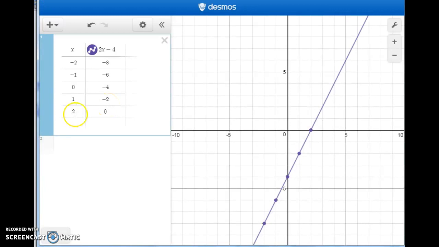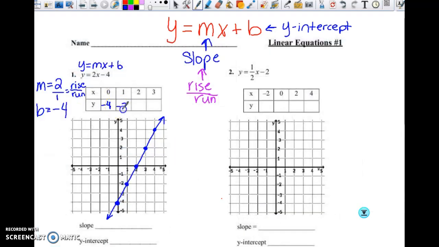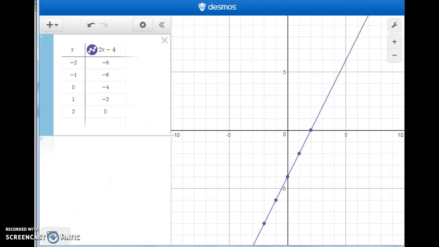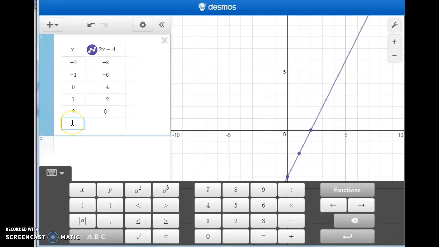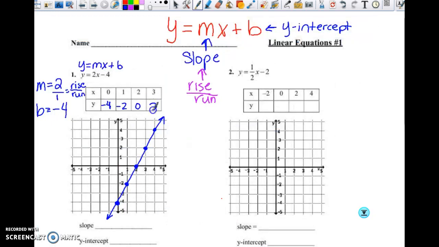When x is 2, my y is 0. So I got 2, 0. I'm just going to fill in the table. Now I have to figure out what 3 is. Desmos kind of stopped us, but it's okay. We can go ahead and type. So I want to know when my x is 3. When my x is 3, my y is 2. Okay, so we just filled out the table.